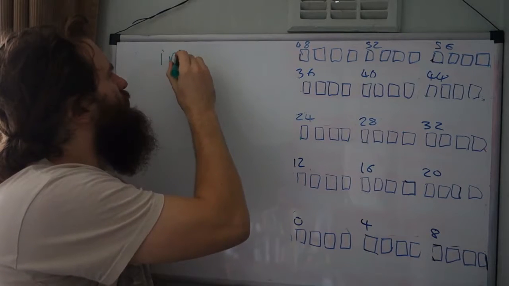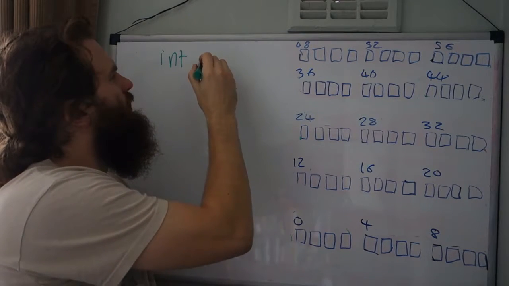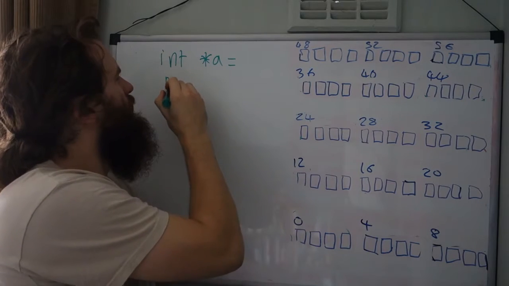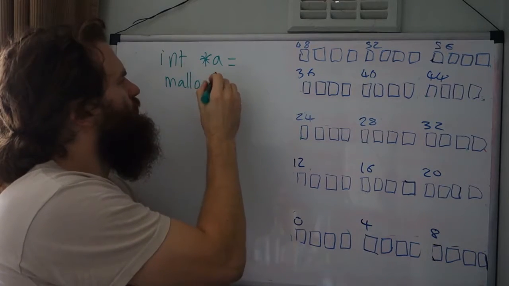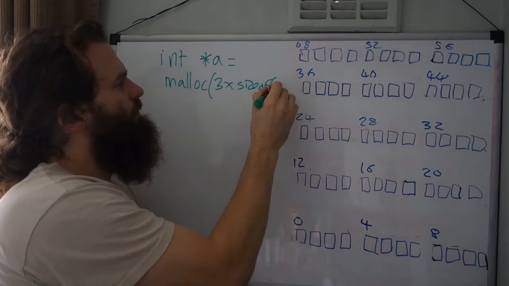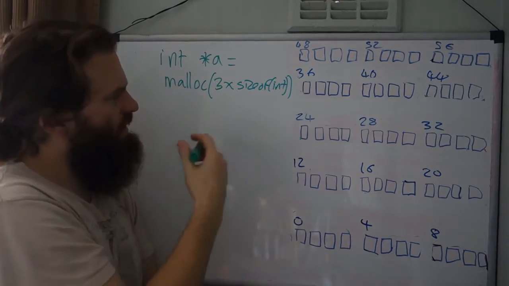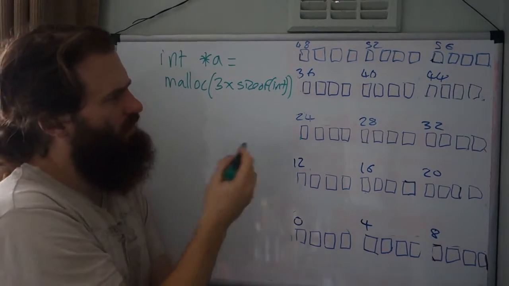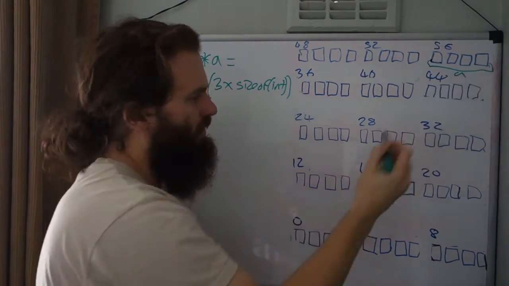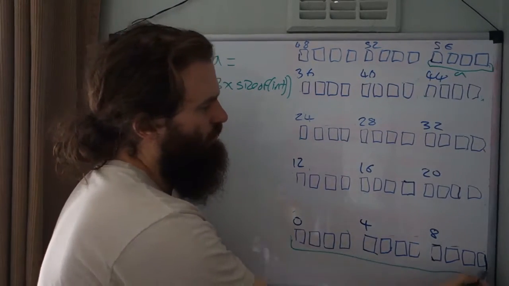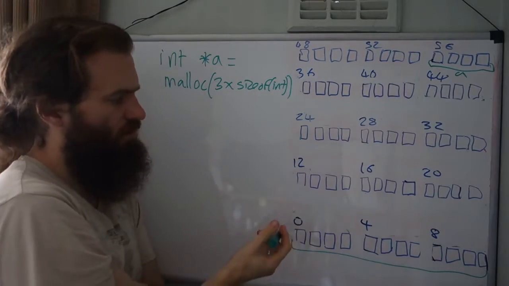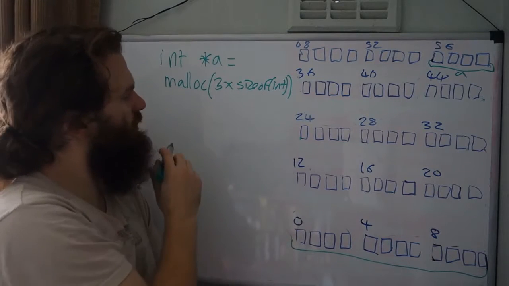So if we had an integer pointer A, which we've malloced as 3 times size of int, then what happens when we pass that to a function? So let's have a look. Again, we've got A here, and it points to our 3 integers here. So the variable A contains the value 0, pointing to that address.